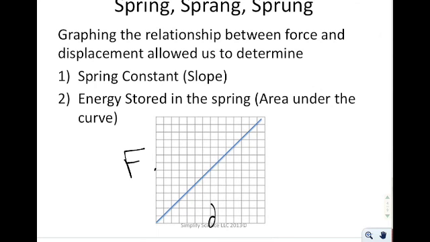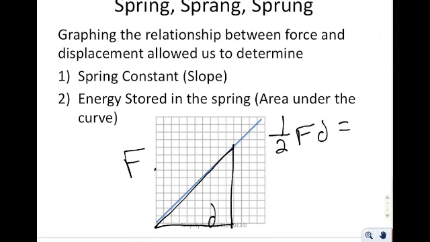Now, if you were to instead find the area under the curve here, the area under the curve would represent the energy, because you've got force and displacement. So that's another indication of work. You would have 1/2 of force times distance equal the energy that's stored.